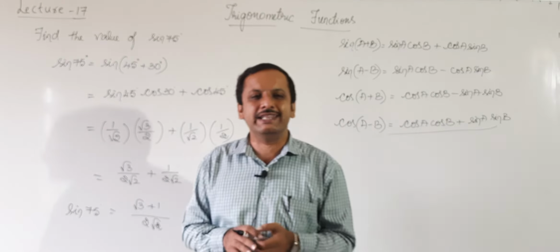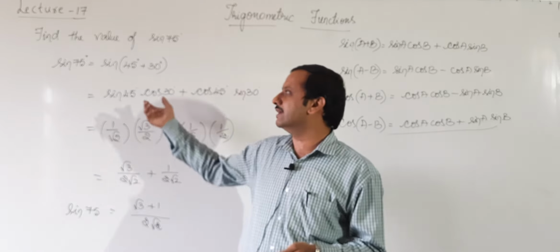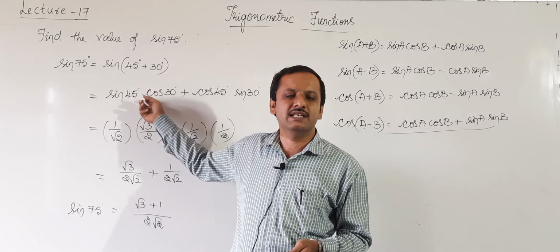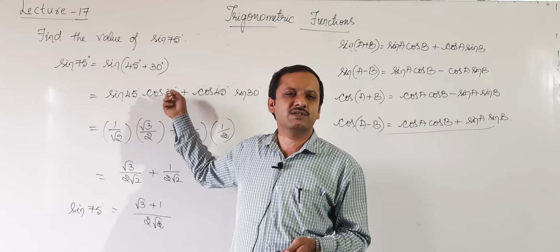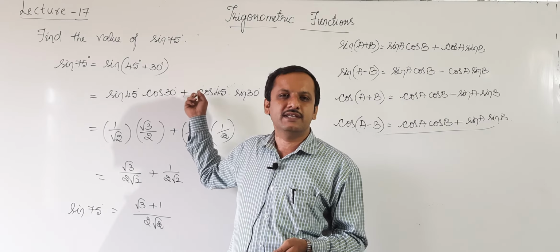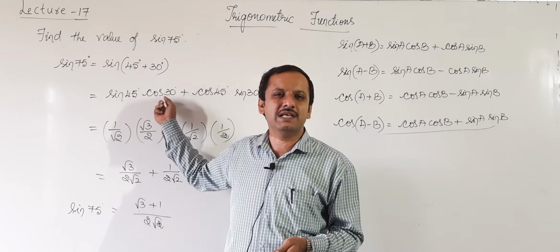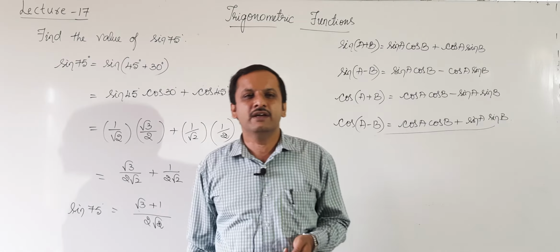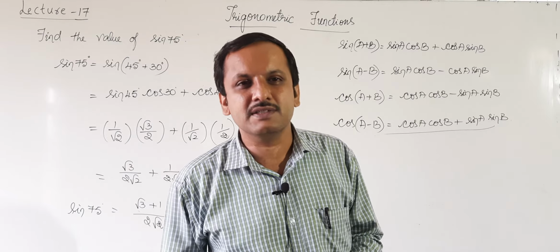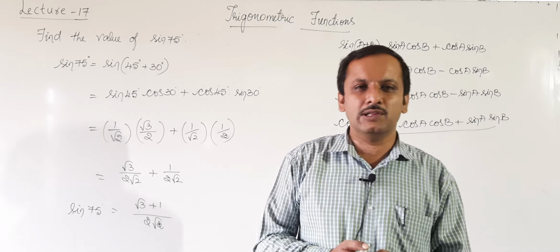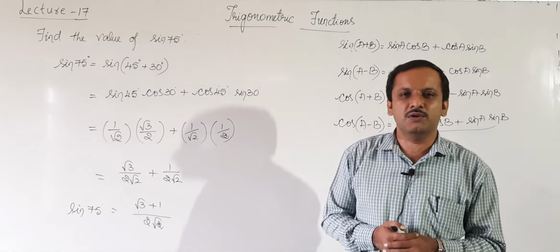But if I write in that way, then what happens in the next step? We are going to get sin 50 cos 25 plus cos 50 sin 25. That is what you get, right? But I don't know the value of sin 25 degree, sin 50 degree, cos 50 degree, all those values we don't know.